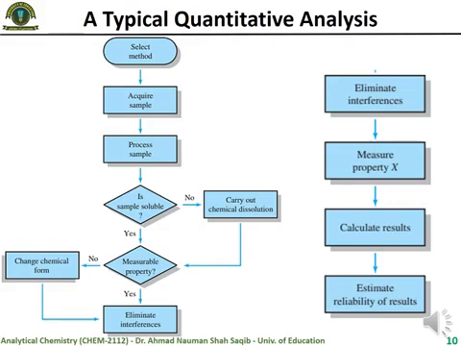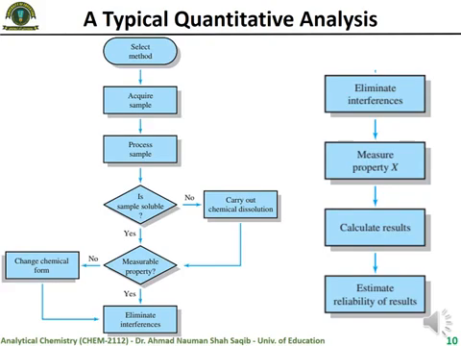And after that, we measure the property, any property that can be used depending on the sample. It can be gravimetric analysis, or it can be volumetry, or it can be spectroscopy. So depending on the sample, we can use whatever method is suitable.